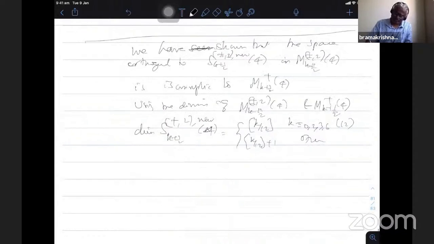In the other case, the minus 2 space, the dimension of S_{k+1/2}^{-}(2, 4), level 4 only again.